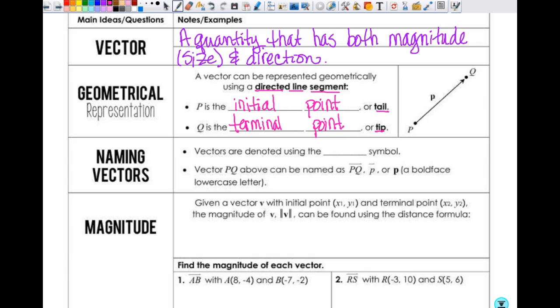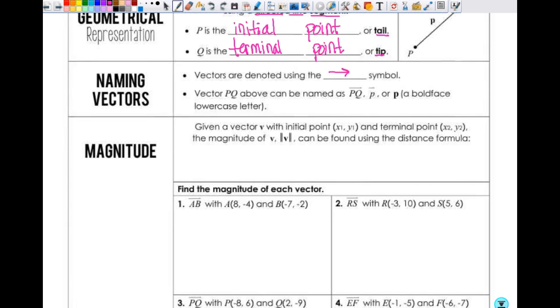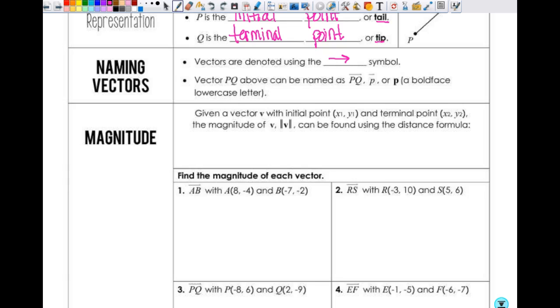Okay, so when we name them, vectors are denoted using the arrow symbol. They're named a lot like rays as well. Just like with the ray, for a vector, the initial point is the first letter, the terminal point is the second letter. These little line segments with a little tiny dot are actually arrows that did not print well at all.